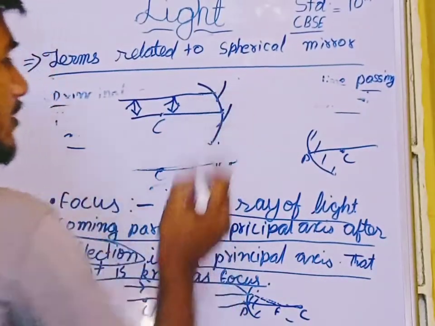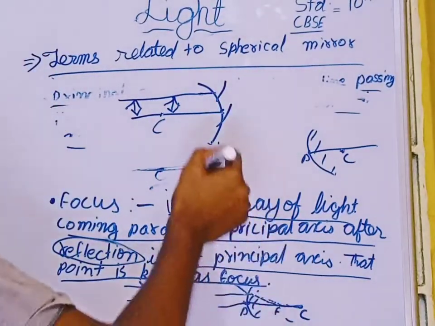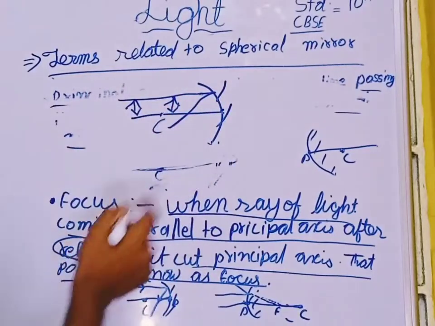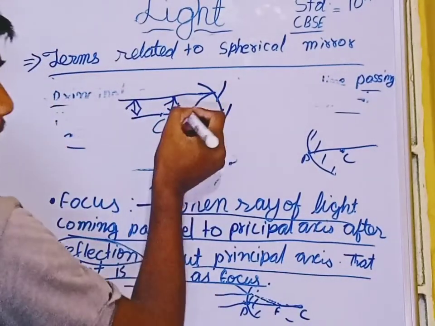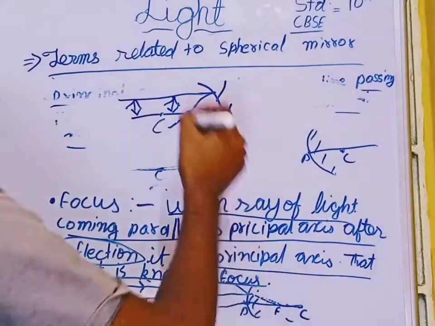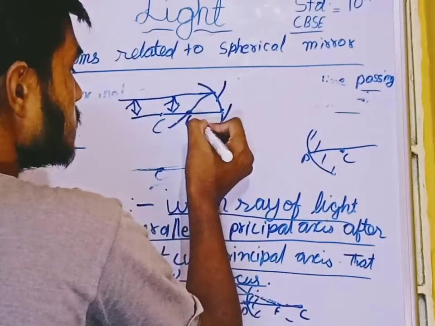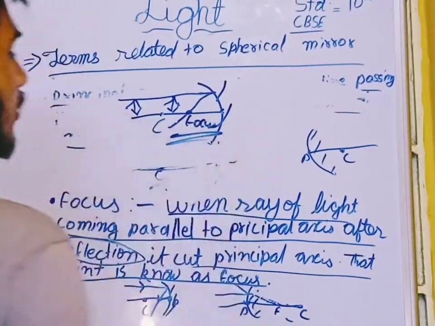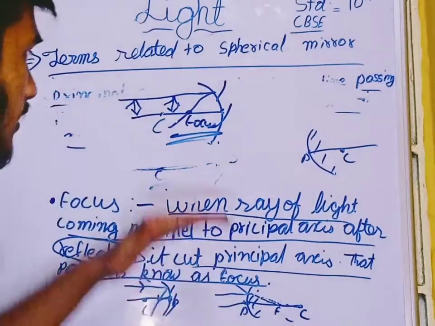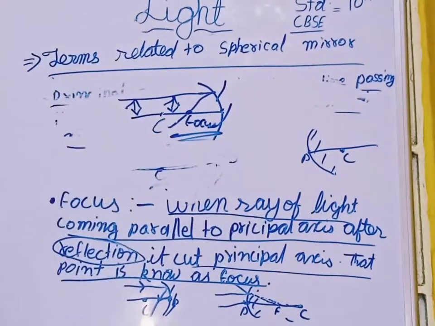After reflection in a concave mirror, it is converged and it comes and cuts the principal axis at a point, and this point is known as focus. That point is known as focus.